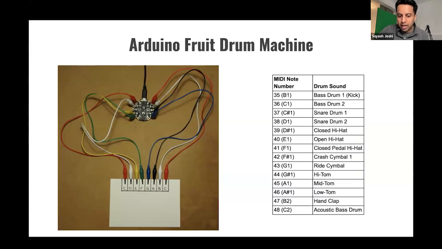In my case, I've just stuck them to the fruits themselves. And all of them are mapped to a MIDI value. MIDI values on the table you can see on the left, and they correspond to an actual drum sound. Different instruments, bass drum, snare, hi-hat, open hi-hat, toms, different values correspond to different instruments. So they produce that sound.